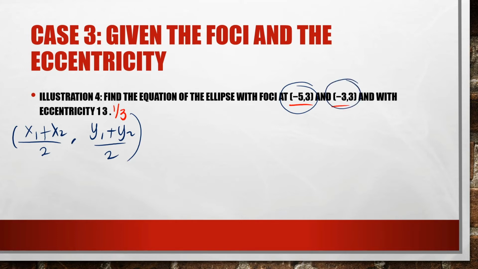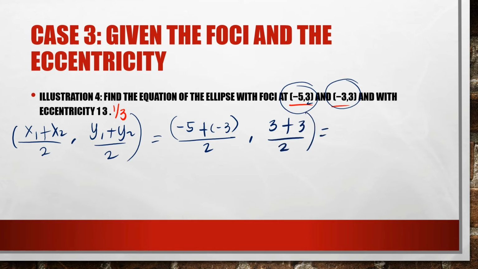Endpoints ng foci. X sub 1 is negative 5 plus x sub 2, which is negative 3, over 2. And then, y sub 1, itong 3 plus y sub 2, 3 over 2. So, simplify lang natin. Negative 5 plus negative 3 is negative 8 over 2.